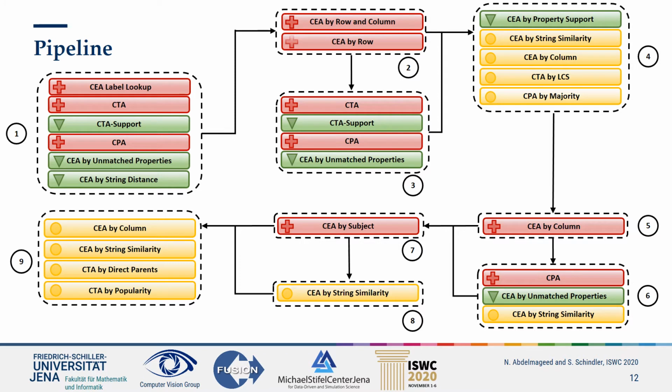Here, we reordered the developed building blocks in the previous slide into an order of execution, or a pipeline. In general, it's divided into a core pipeline presented in the first group, filling missing mappings or gaps using various methods, like in groups 2, 5, and 7.